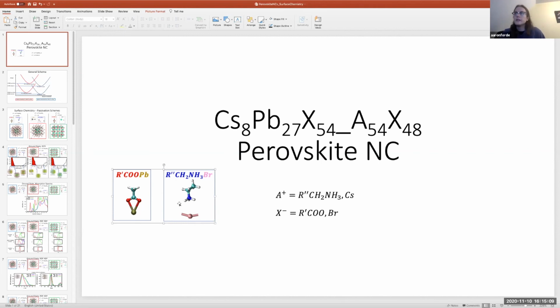photo-induced degradation. So what happens is in the ground state, these coordinations would remain fairly stable.